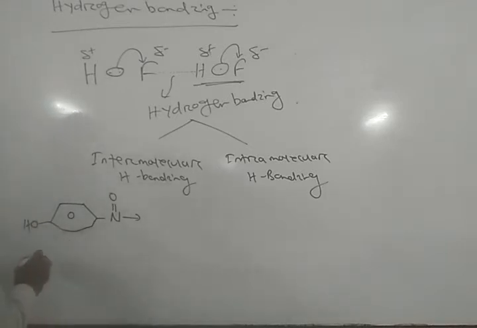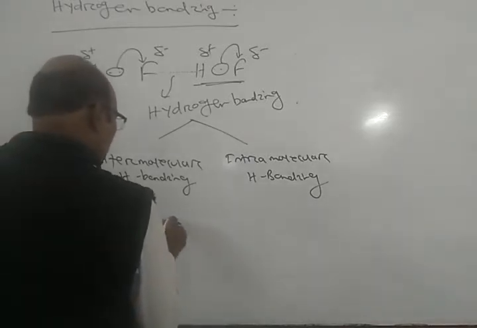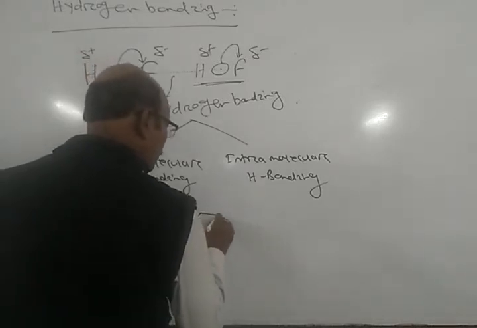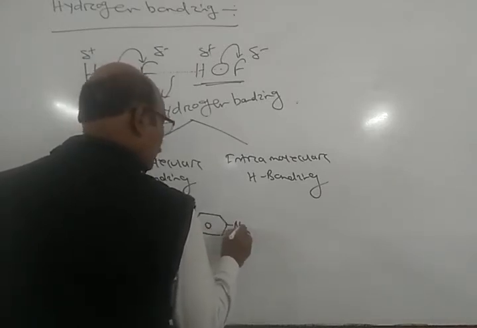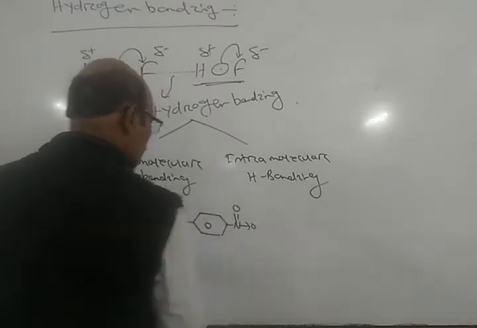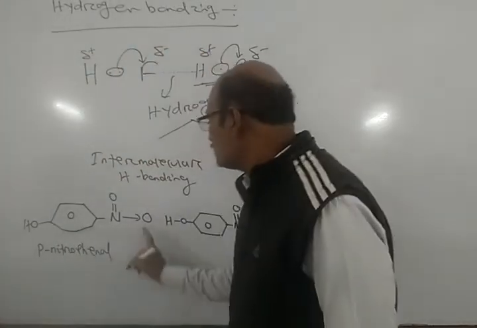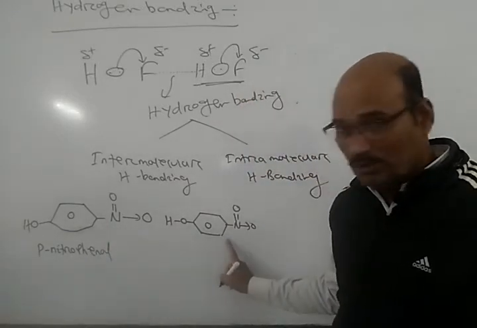This is called what? Para-nitrophenol. If I have para-nitrophenol, here you see this oxygen of this molecule and this H of this molecule.